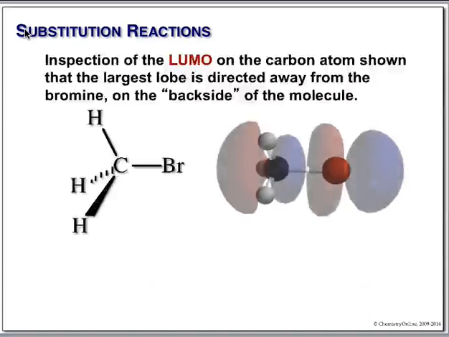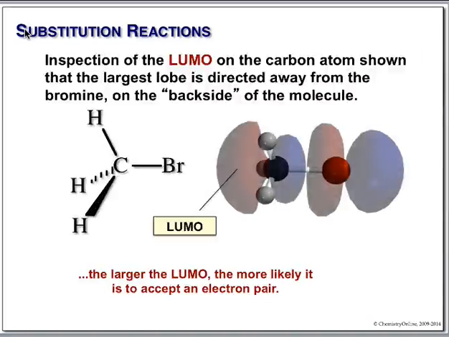If we do the same thing here with something like bromomethane, this is the lowest unoccupied molecular orbital of bromomethane. Again, remember we're substituting at carbon, the size has to do with the likelihood that the electrons will be accepted at that position.